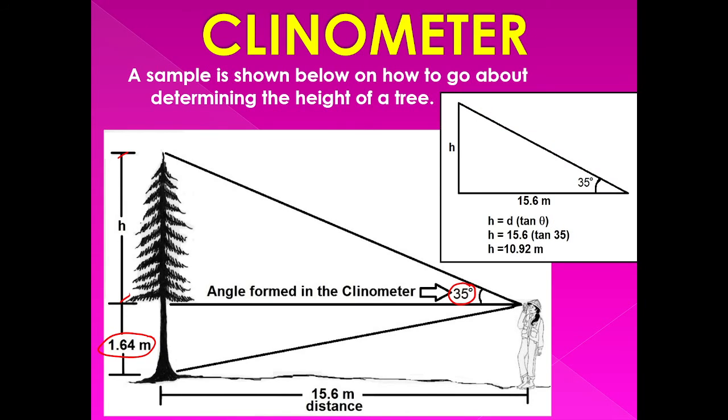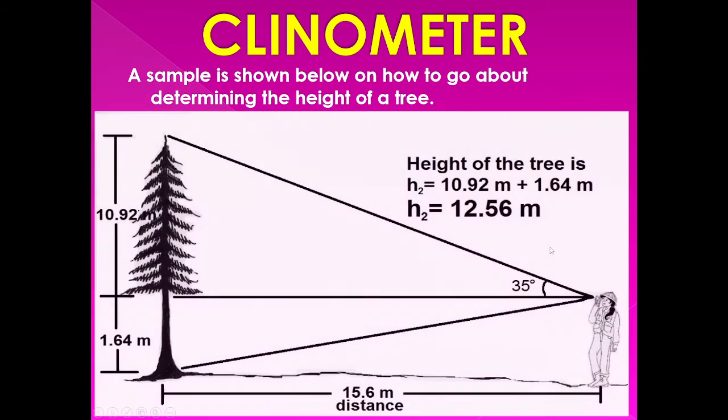And using this, showing the solution for the height, I have this solution over here. Then I can now solve the height of the tree by adding the 1.64, which will give us 12.56 meters.